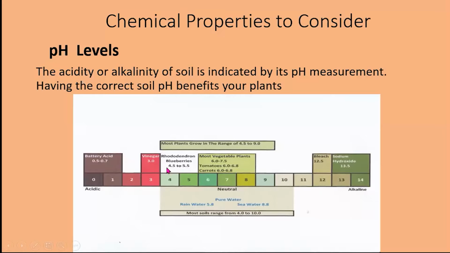Most of the soil we have ranges from around 4 to 10, but look at the range that plants will grow in. Generally, our vegetable plants grow in a limited range of 6 to 6.8. And if we want some of the acid-loving plants like blueberries and rhododendrons, they are more in the 4 to 5 pH level. So understanding pH and getting the right numbers is going to benefit our plants.